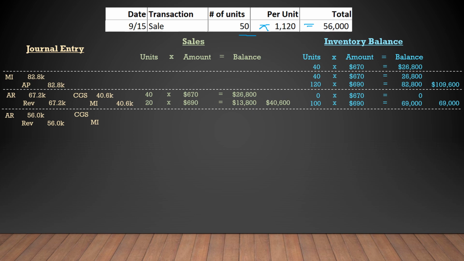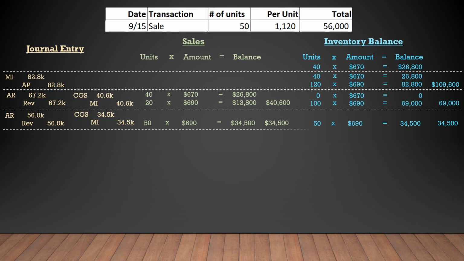We only have one inventory layer to pull from. So all 50 units come from the only remaining layer of $690 per unit, for a total cost of goods sold of $34,500. This deduction leaves us with an inventory balance of 50 units at $690 per unit, also $34,500.